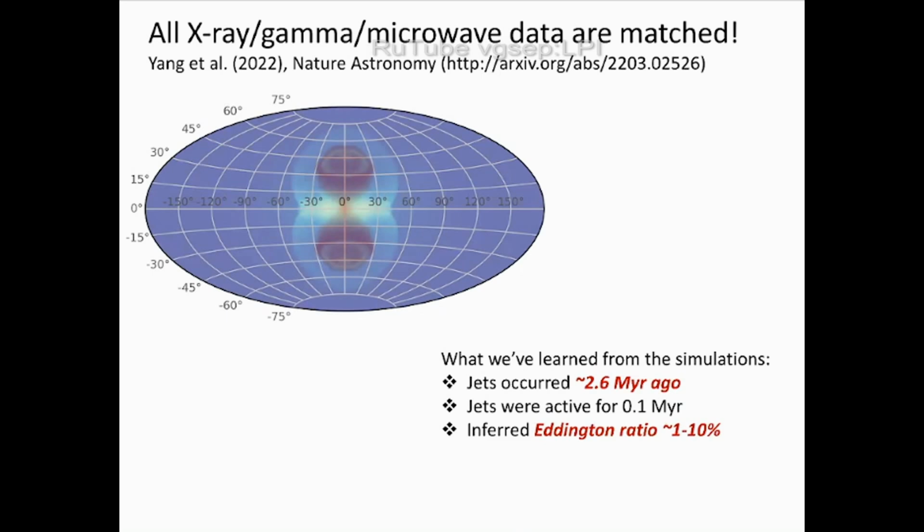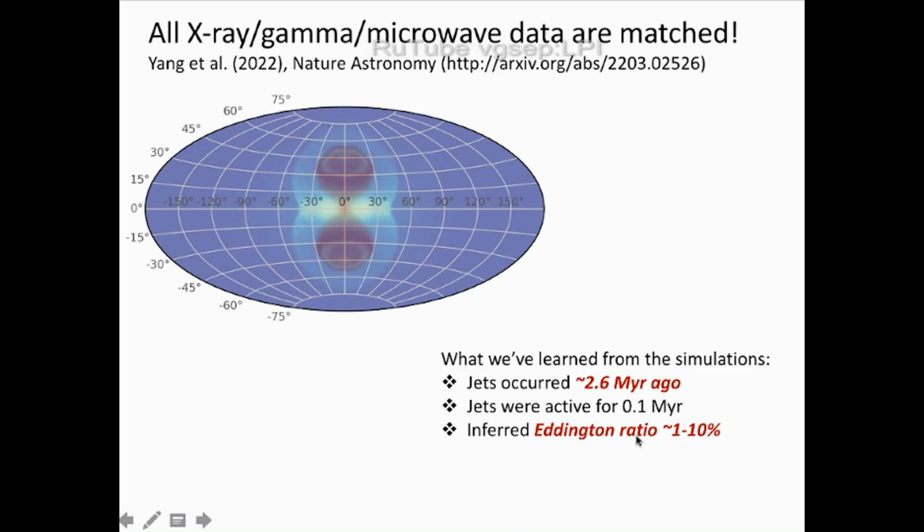From our simulation, we can get a few very important constraints on the jet activity that generated the Fermi bubbles and eROSITA bubbles. What we've learned is that the jet occurred roughly 2.6 million years ago, and the jets were active for a short period of roughly 0.1 million years.